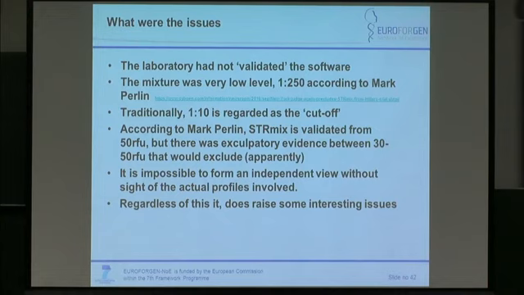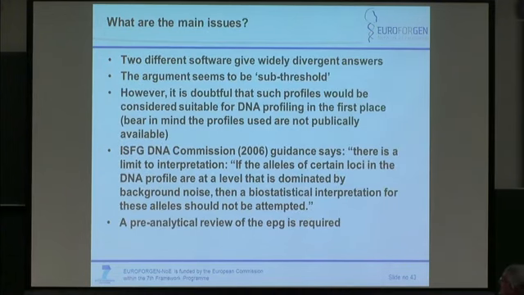But regardless of this, it does raise some interesting issues, because now we have two different bits of software. One of them is giving probative evidence and the other one is giving an exclusion. Well, they can't both be right, and yet both these bits of software are apparently fully validated and being used in casework, mainly in the USA, of course.